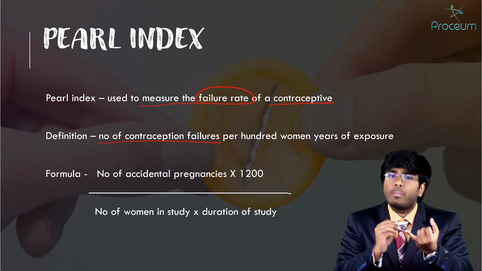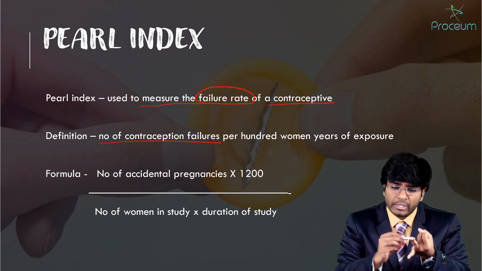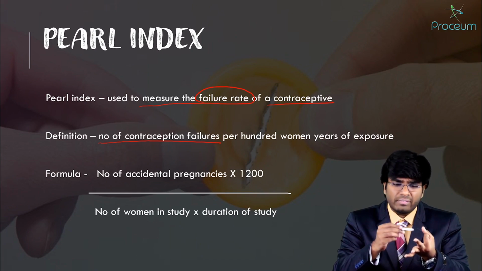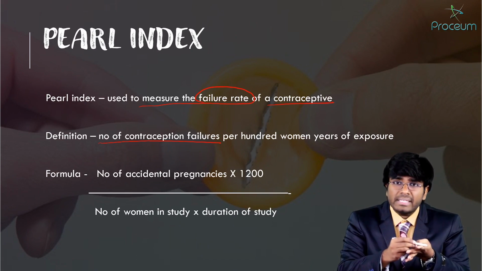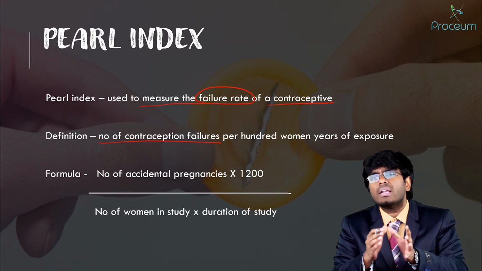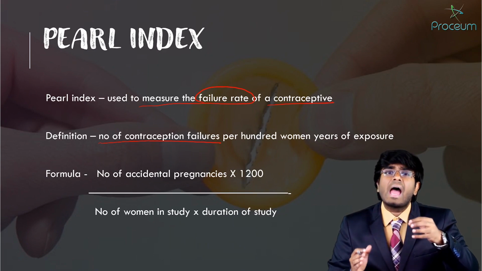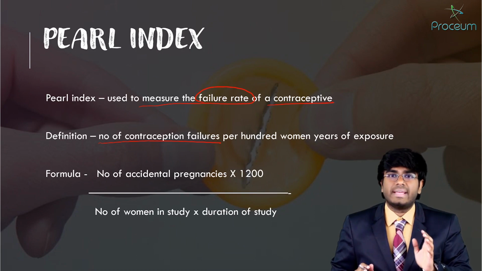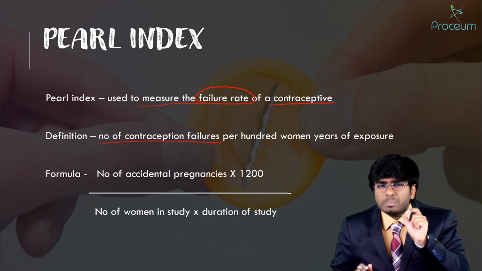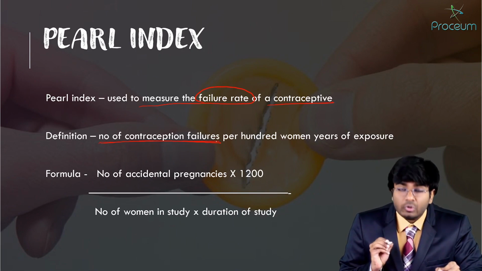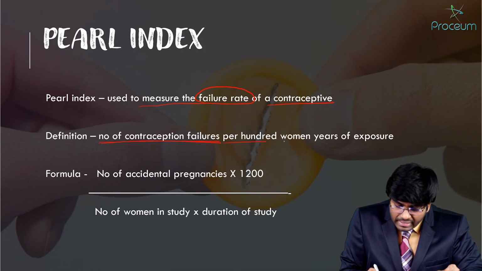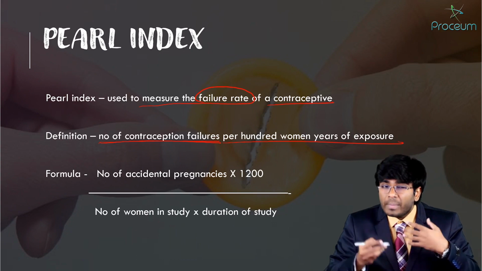You can have a Pearl index for condoms, for IUDs, for even natural methods of contraception, and for OCPs. Different contraceptive methods have their own Pearl index. One important point is that the Pearl index gives the number of contraceptive failures per 100 years of woman exposure.